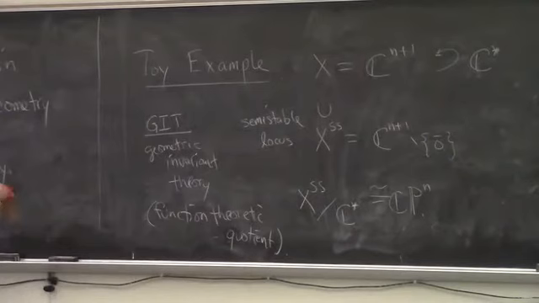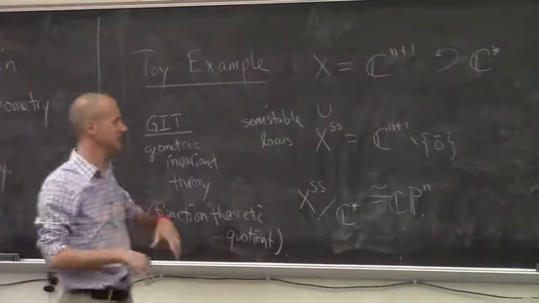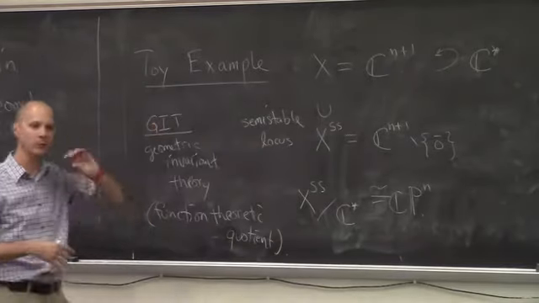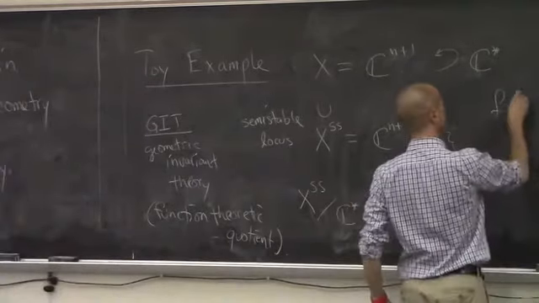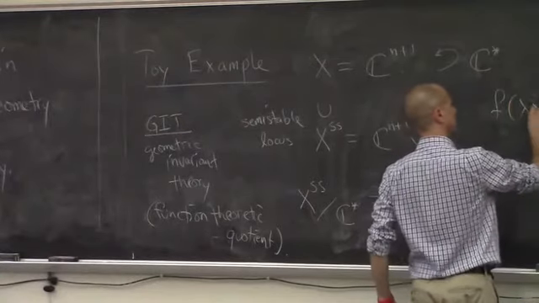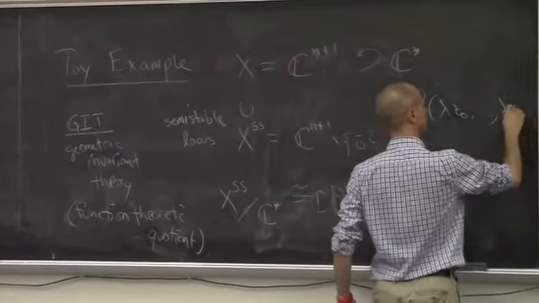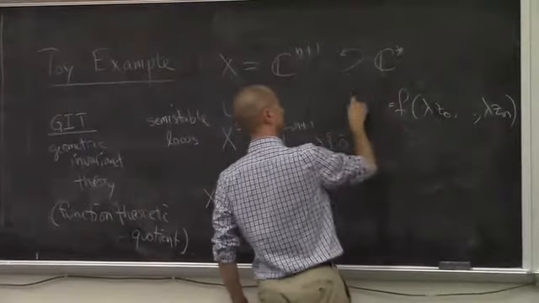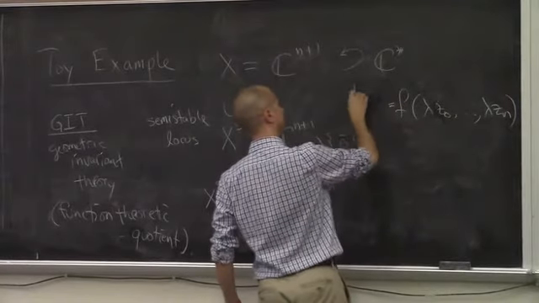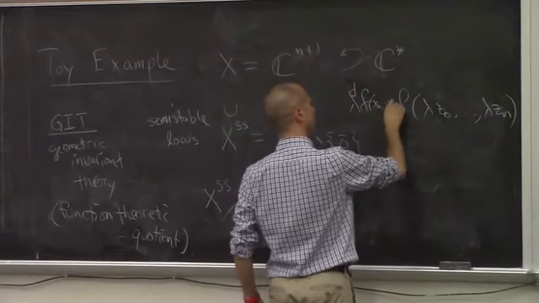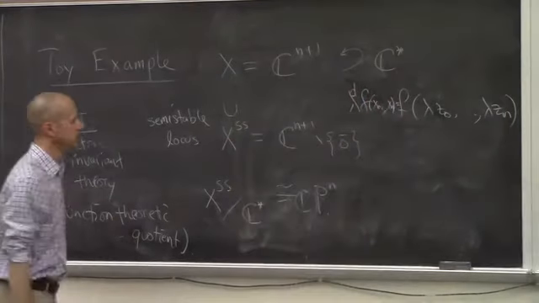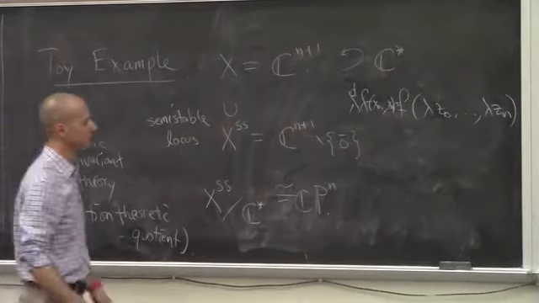Because I have this group C star acting, I should look only for functions that are well adapted to it, the homogeneous polynomials, for which if I rescale, I get some power of lambda rather than my scalar times the original function.